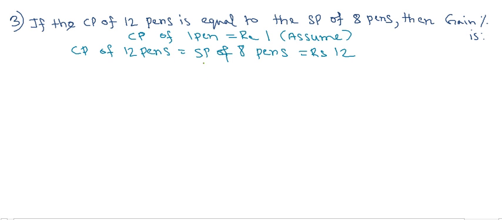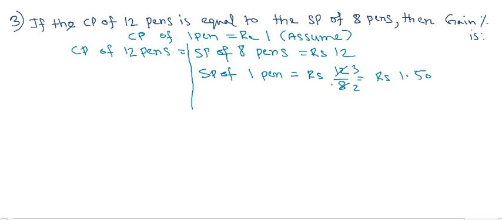Now let's find the SP of 1 pen. SP of 1 pen equals rupees 12 by 8, which is 3 by 2, that is rupees 1.50.